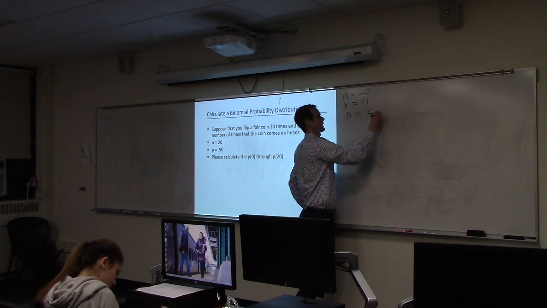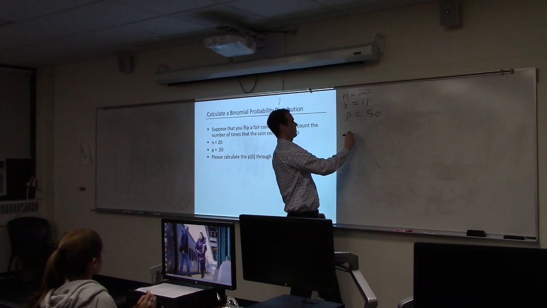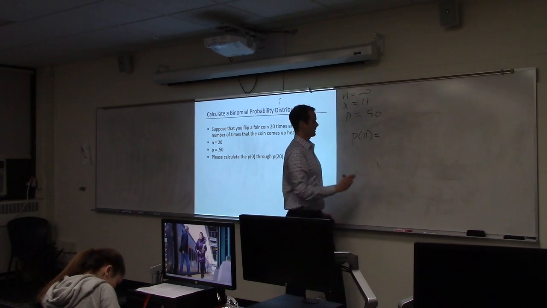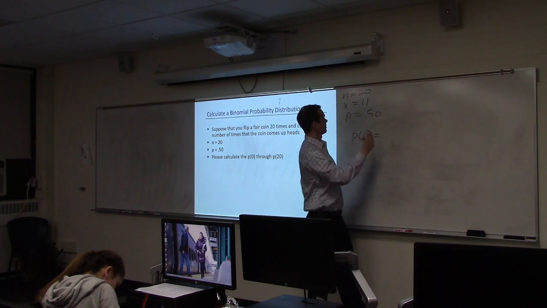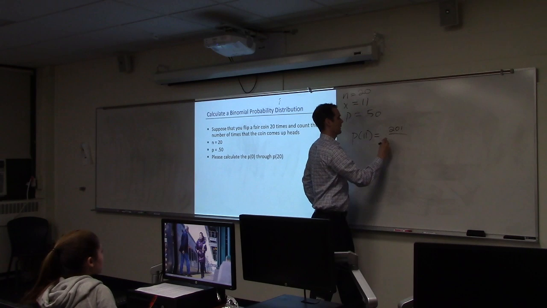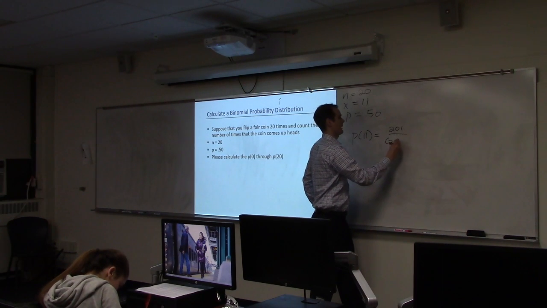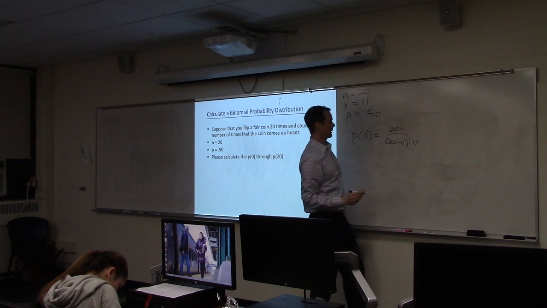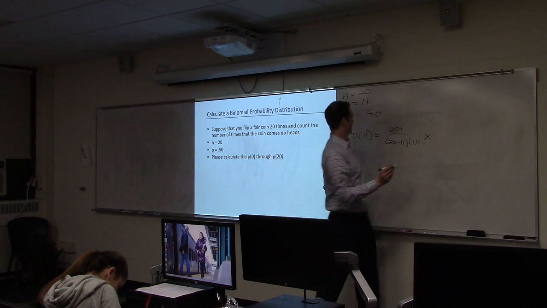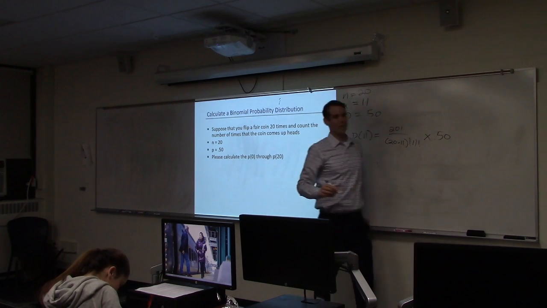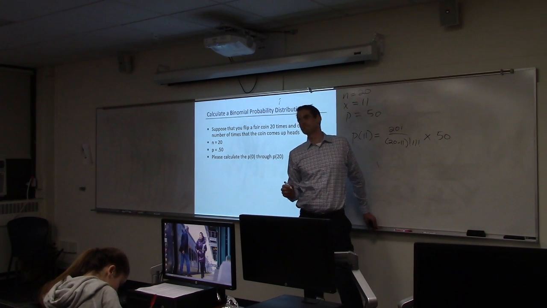0.50, outstanding. So, all right, the probability of 11 successes equals 20 factorial divided by 20 minus 11 factorial times 11 factorial times 0.50 raised to the what? 11.